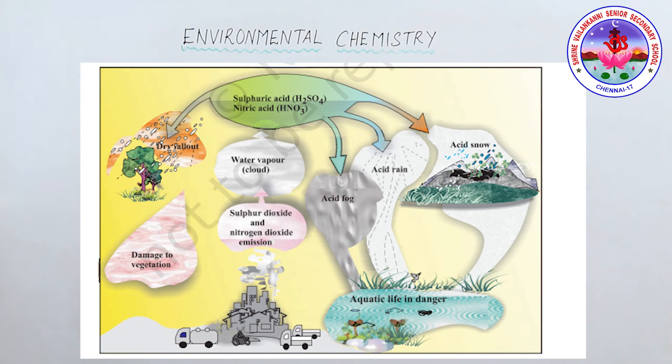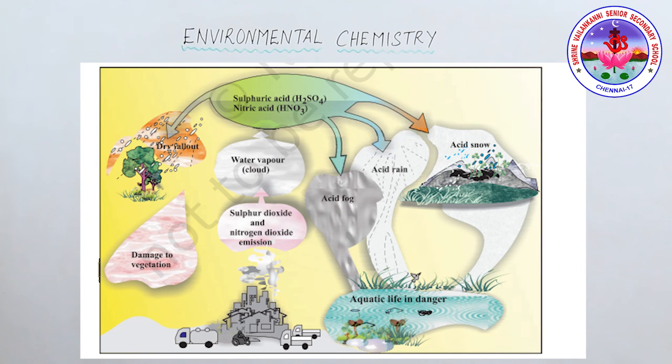Mainly, the oxides of nitrogen and sulfur, which are acidic in nature, can be blown by wind along with solid particles in the atmosphere and finally settle down either on the ground as dry deposition or in water, fog and snow as wet deposition. You can see it in the diagram.